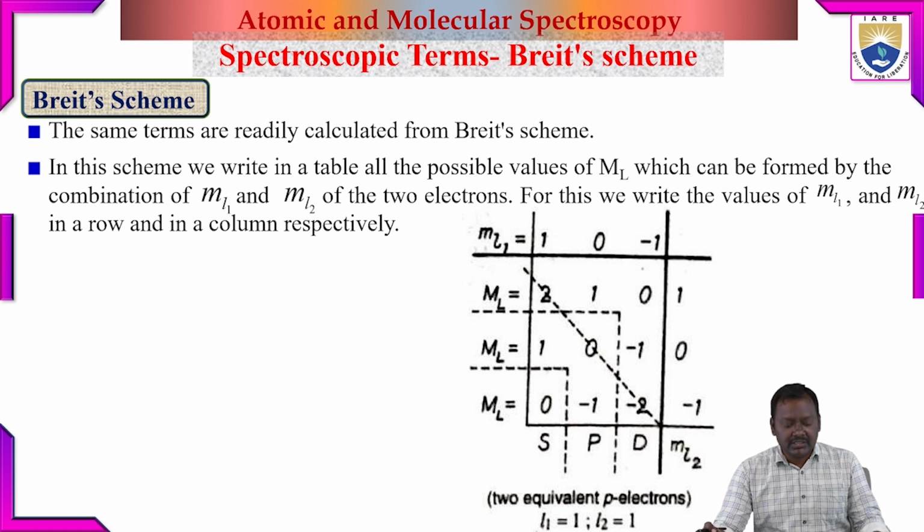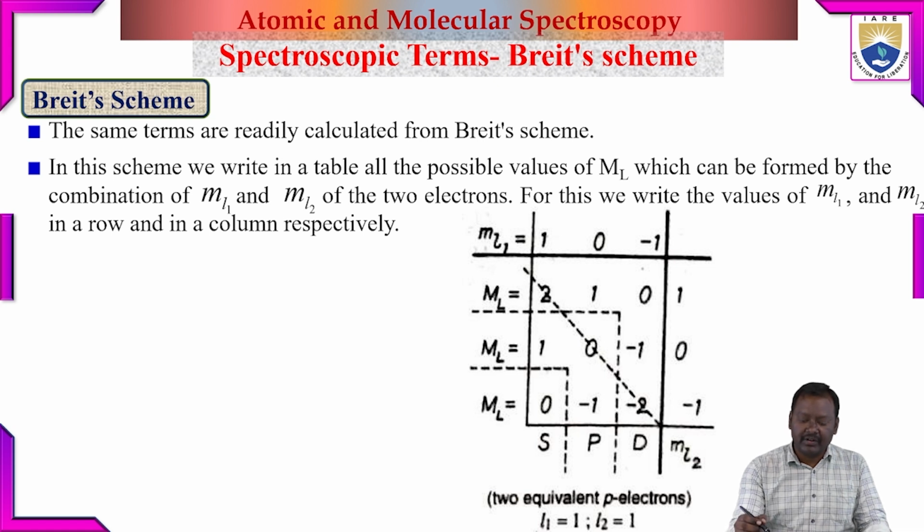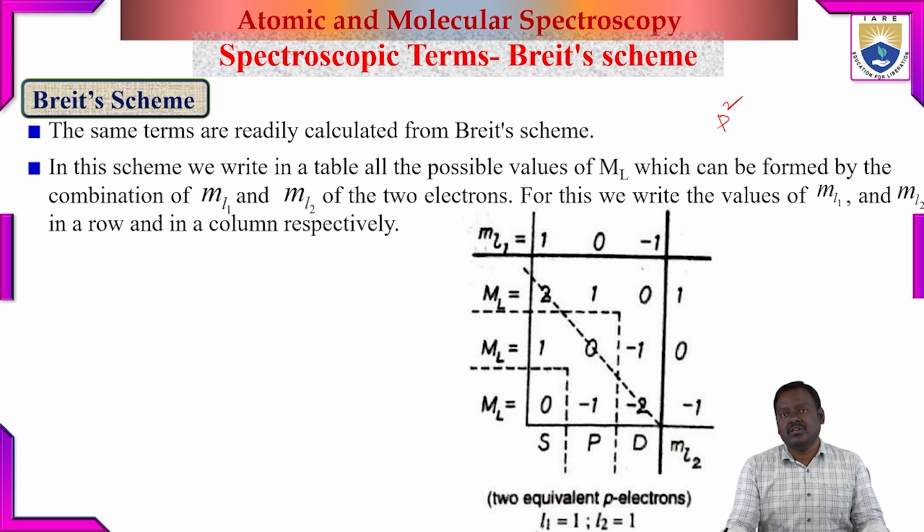In this scheme, for example, whenever we are considering the configuration p2, that means two electrons in the p subshell, we will arrange a table like this.